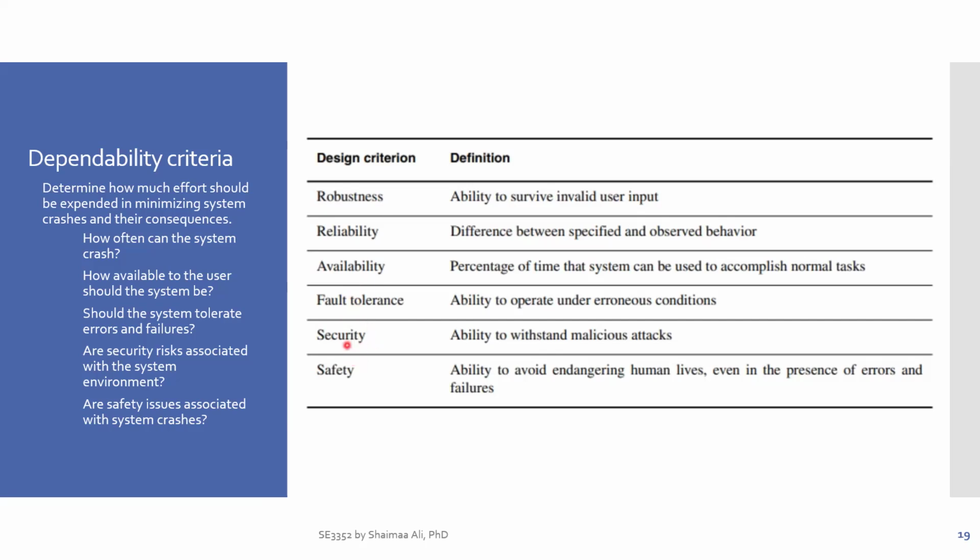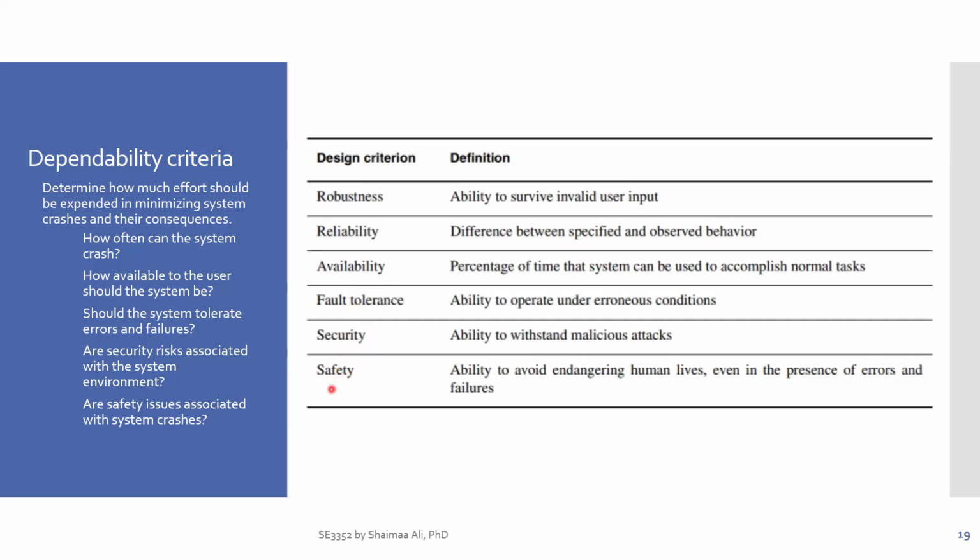And then there are security and safety. Security, as a term, is how we can depend on the system to protect against malicious attacks. Safety is how we can depend on the system to not put people in danger.